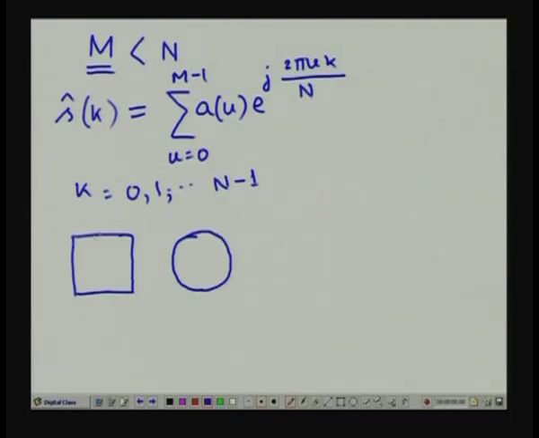I will get back the original shape if I consider all the capital N Fourier coefficients, the DFT coefficients, for reconstructing the boundary by inverse discrete Fourier transformation. If I consider very few discrete Fourier coefficients, say 2, then I will get a circular shape. If I increase it further, maybe say 10 or so, I will get a shape something like this.